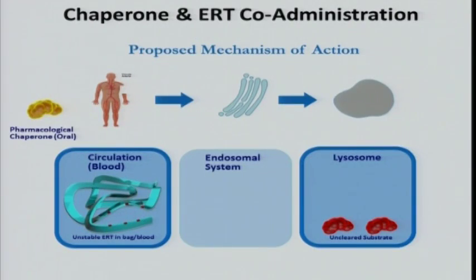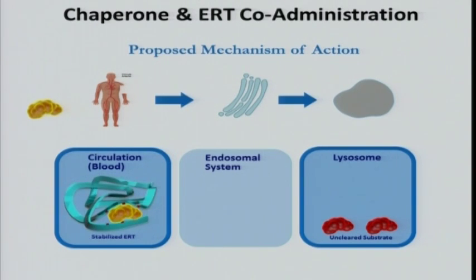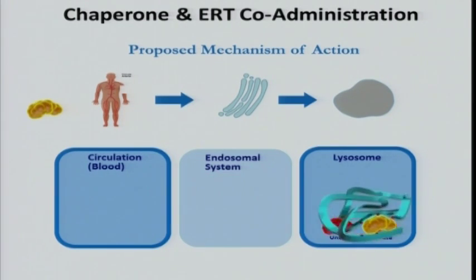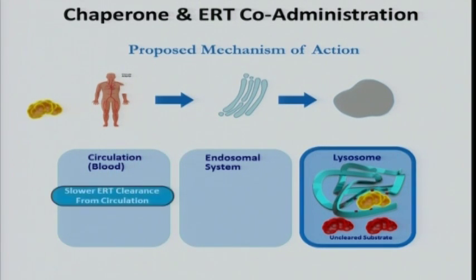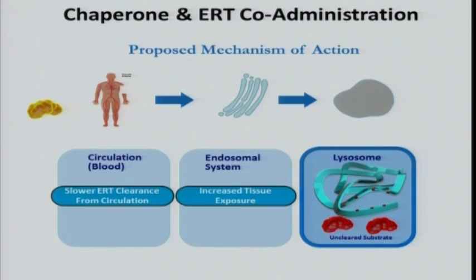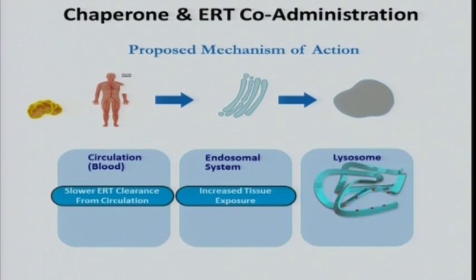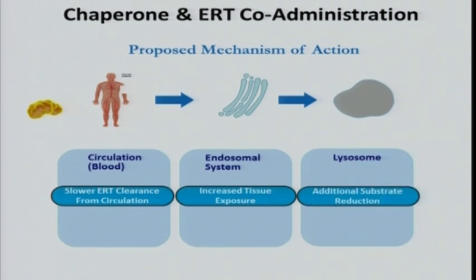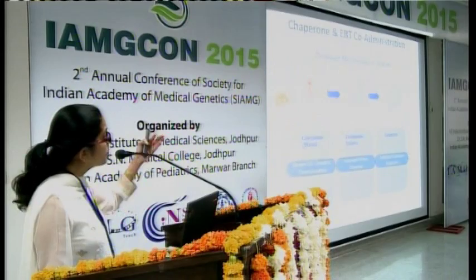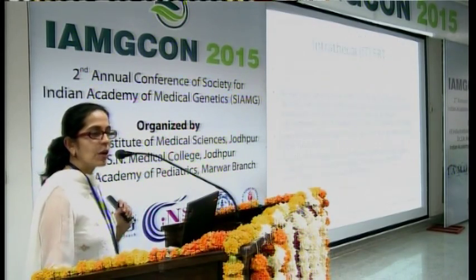So take this concept, and now if you think about this, this is the enzyme, and this particular enzyme, if you had a chaperone, which is in yellow here, it can stabilize the enzyme, and then if it stabilizes the enzyme, it can allow it to go to its target site, which in this case is the lysosome, and then the chaperone has to retract itself and allow the material that was not being digested to be cleared.